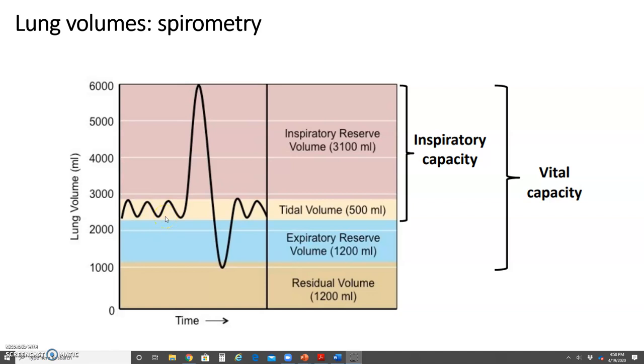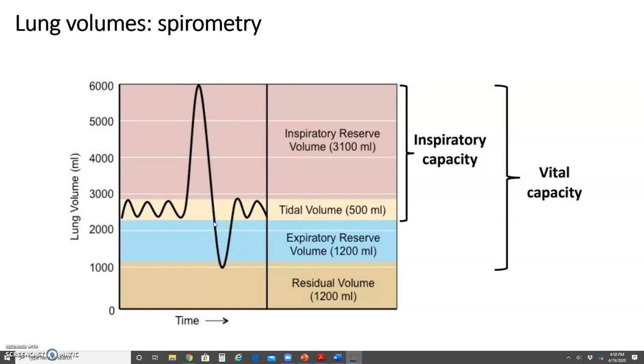Next we have the inspiratory reserve capacity. That's the amount of air that you can inhale in addition to your normal tidal inspiration. So that's as much as you can breathe in. Following that, we have the expiratory reserve capacity, or reserve volume, on this diagram.